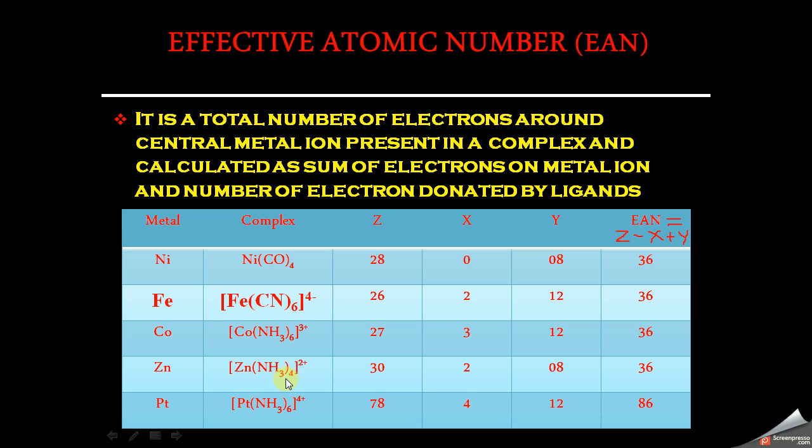There are 4 NH3, each donates 2 electrons, so the total donated by NH3 is 8. It is a neutral compound, so the overall charge is the charge of Zn, so 30 minus 2 plus 8, 36. And platinum in [Pt(NH3)6]4+, the atomic number of platinum is 78, the X value is 4, 6 ammonia donate 12 electrons, 78 minus 4 plus 12, 86.